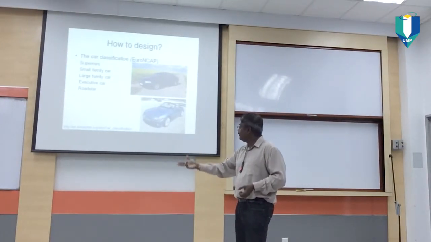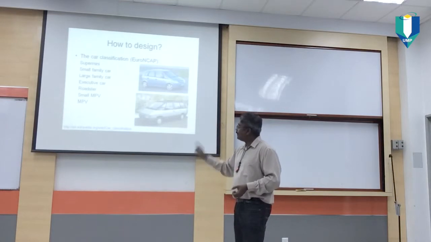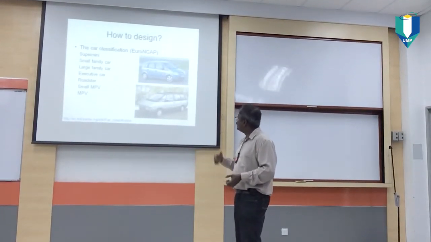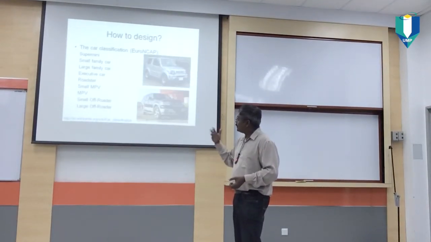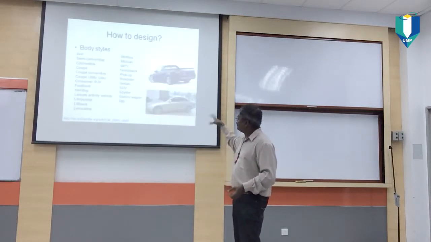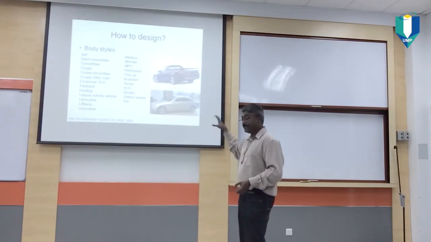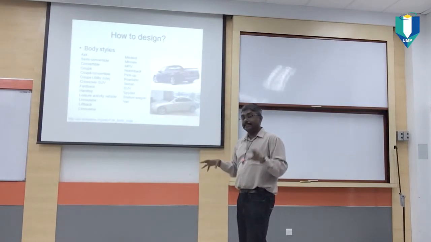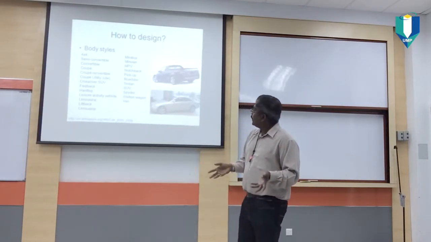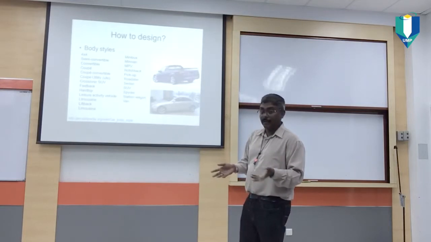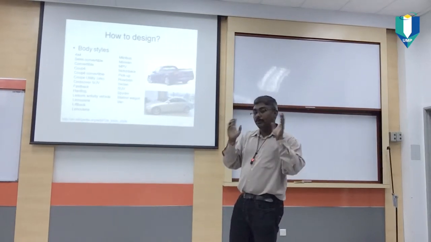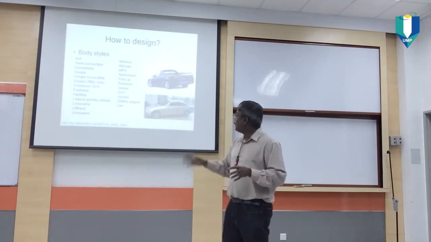Some more, there is a small MPV and a big MPV, and a small off-roader and large off-roader. These are most of the classifications of vehicle design available right now. You can see this is a lot. Which category you want the customer to look at is up to you.